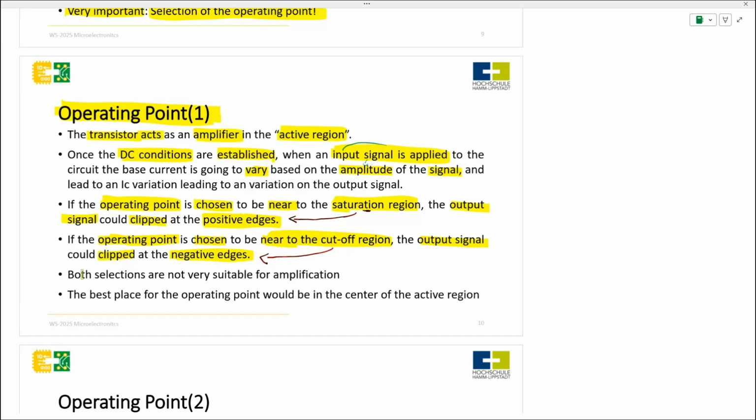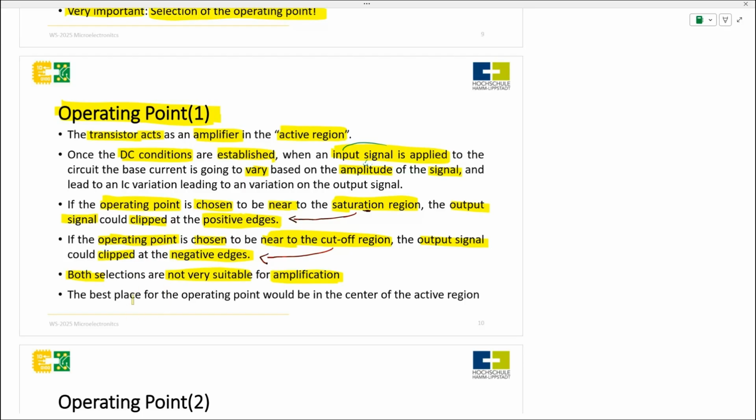Sorry. So both selections are not very suitable for amplification. Whether it is near the saturation region or near the cutoff region, both are not very suitable for our amplification.